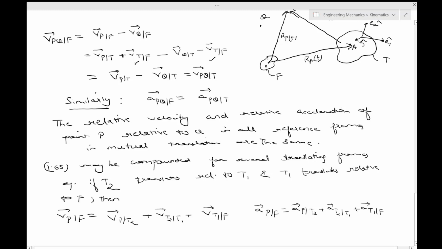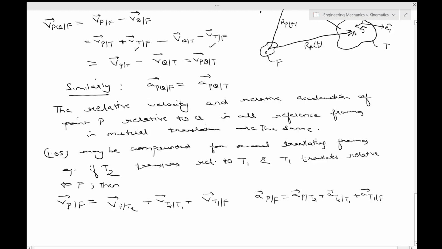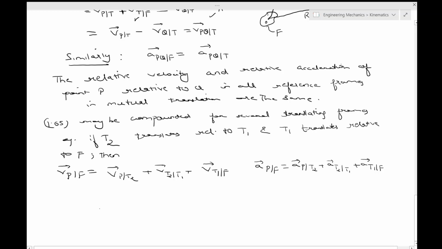Okay, so if one wants to visualize this, this is say the frame F, and then you have this, I'll just show the frames like this. This is the T1 frame, and then this is the T2 frame. It will have its own coordinate system.